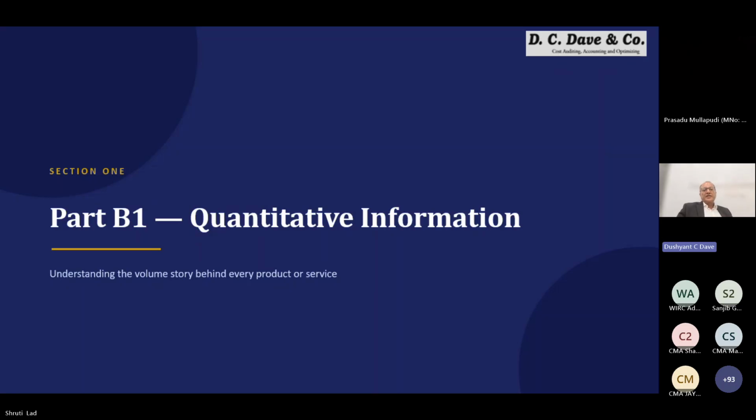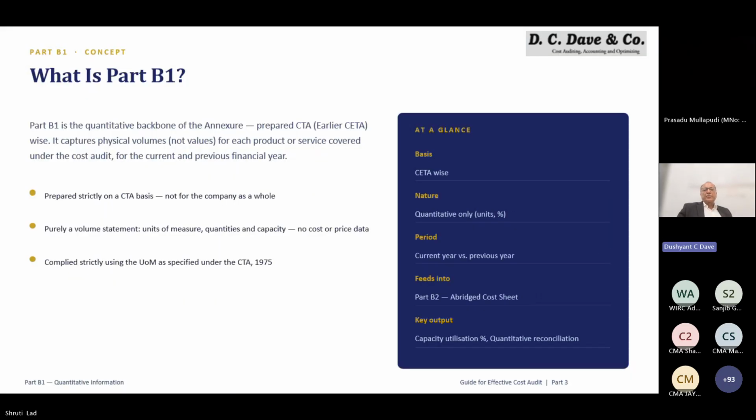Now, let us understand where every figure appearing in B1 originates from. This is very important because B1 is an outcome of the data, and we should know where it is coming from. How do you pick up various figures in B1? Every quantity disclosed in B1 serves multiple purposes.